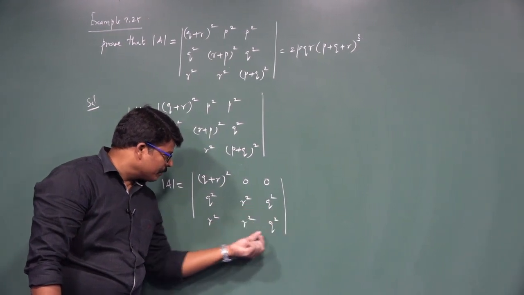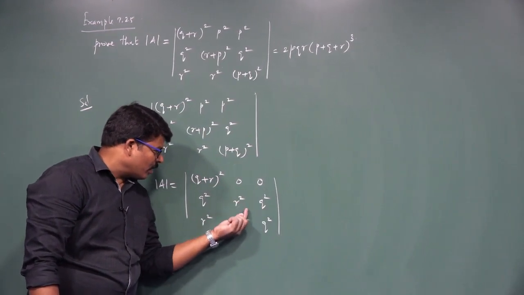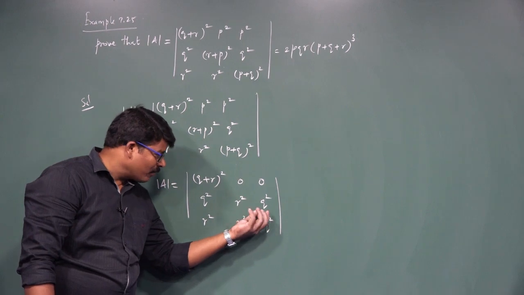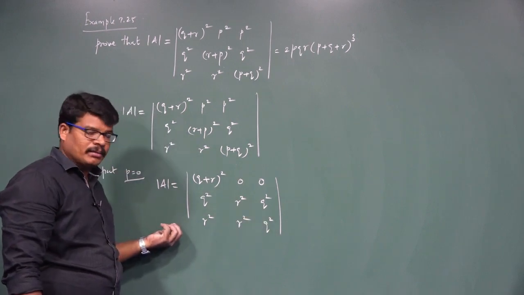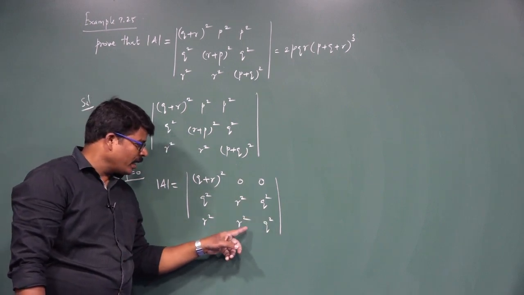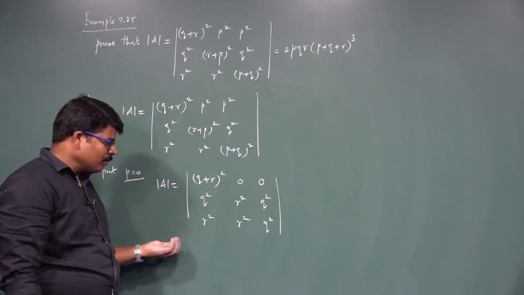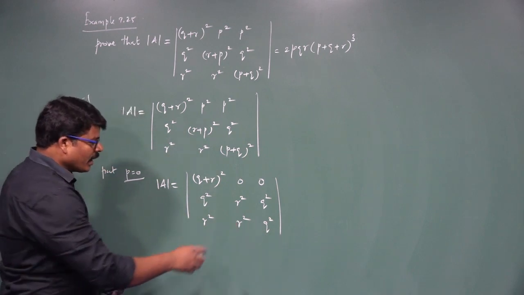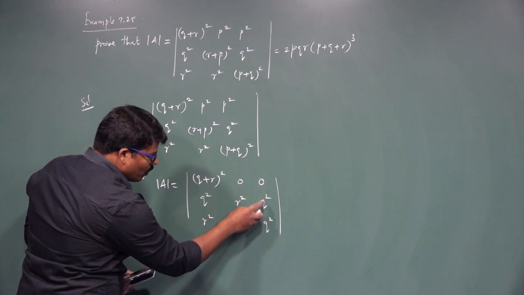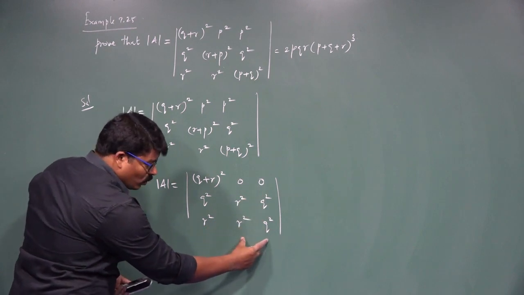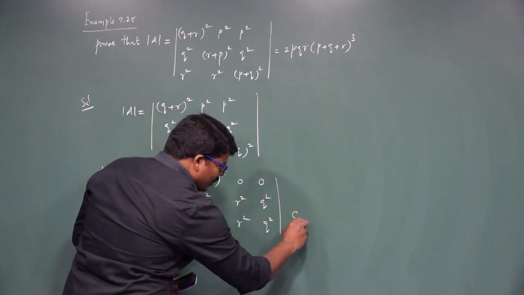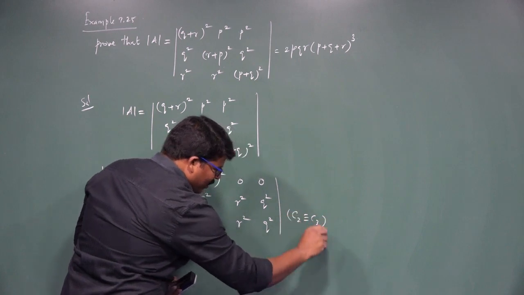Now taking r square and q square common from C2 and C3, getting 0, 1, 1 in each row. Comparing the two columns, C2 and C3 are identical.